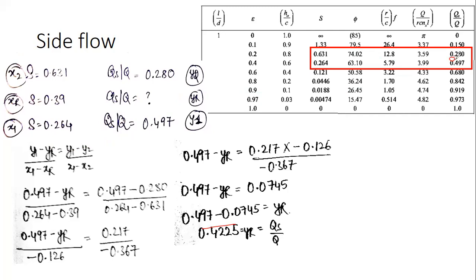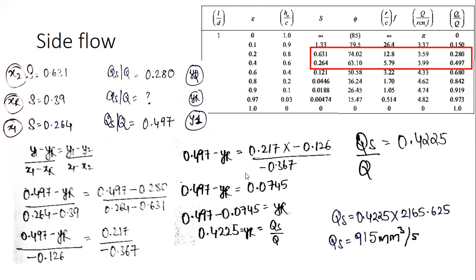You can see 0.4225 lies between 0.280 and 0.497. But this is QS by Q. Q I've already found out before in the previous step, which is 2165.625. We'll go over here and multiply like this. So the answer is 915 mm³ per second.